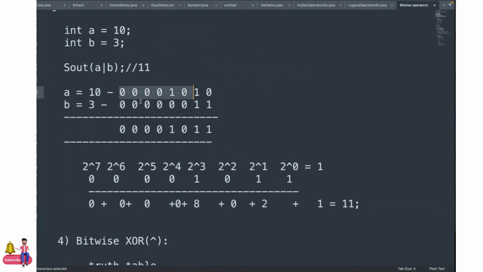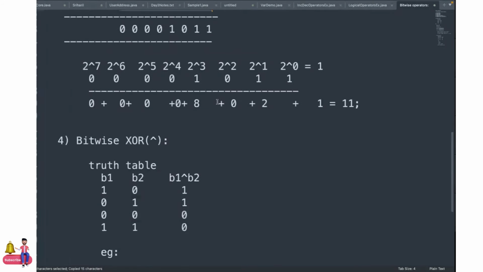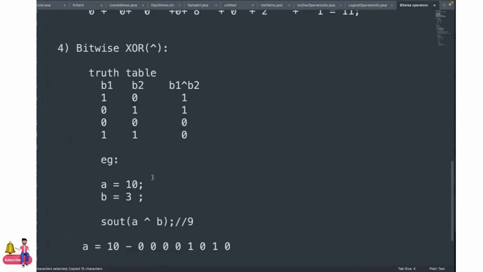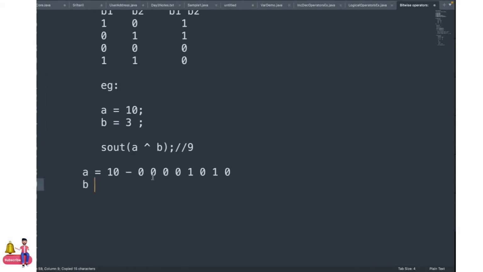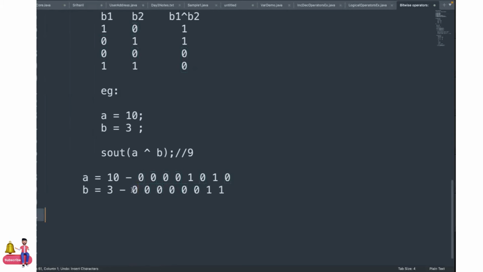And what is the binary representation for the 3 here? The same. So the binary representation for 3 is nothing but this one.